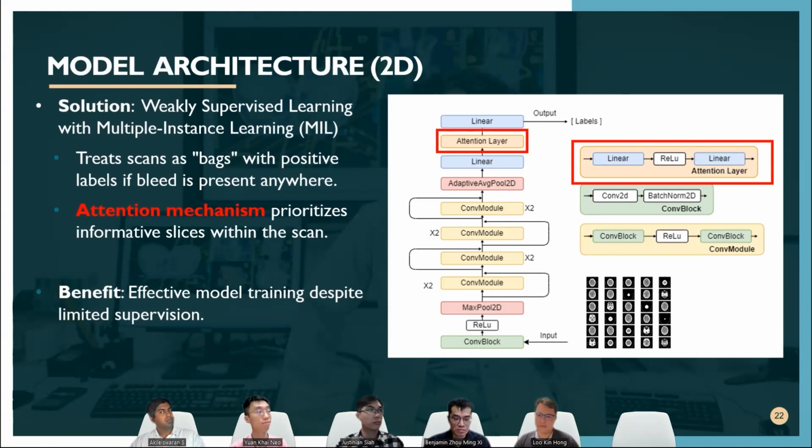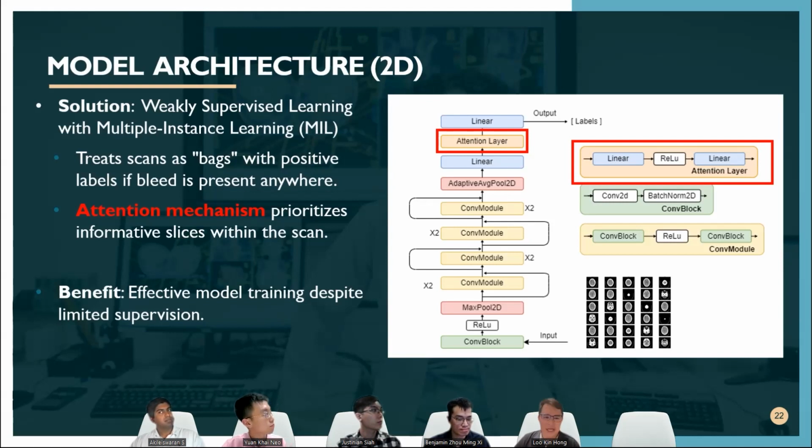In the context of our project, the attention-based MIL framework allows the model to focus on specific slices within a scan that indicate the presence of hemorrhage, despite only having examination level labels. So this method effectively prioritizes informative features while diminishing the influence of less relevant ones, enhancing the model's ability to generalize from limited supervision. Thanks for the explanation.